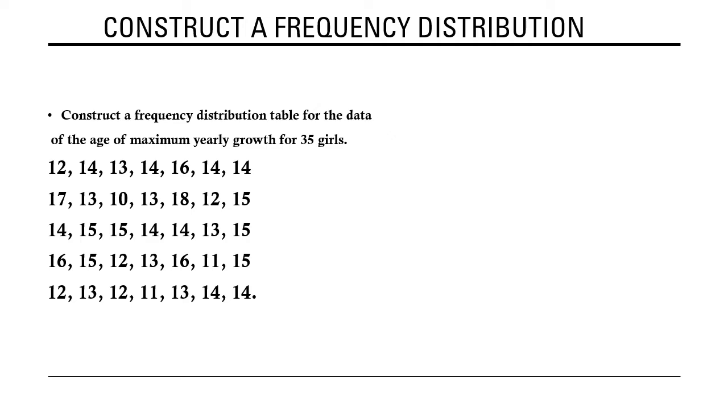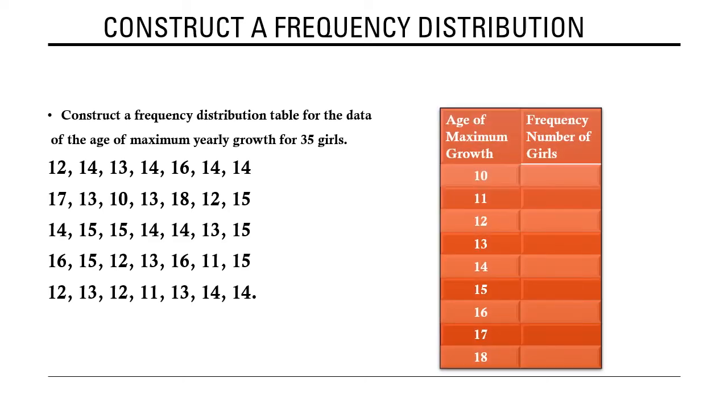We have the ages of 35 girls, so we need to organize them in a frequency distribution table. So we need to count. How many 10s do we have? We have 1, so the frequency of 10 will be 1. How many 11s do we have? So the frequency of 11 will be 2.